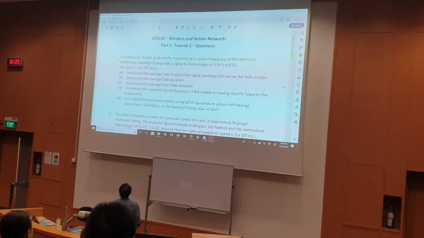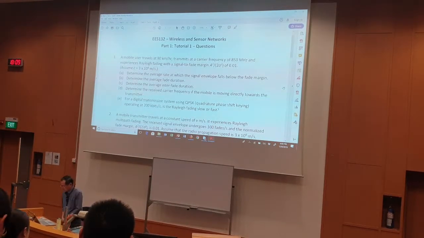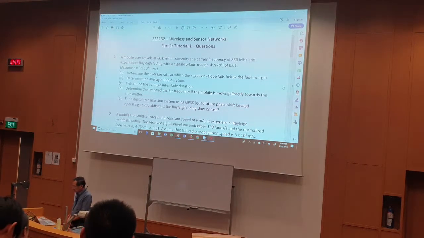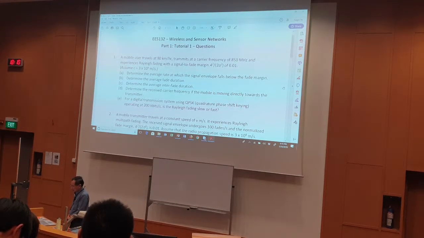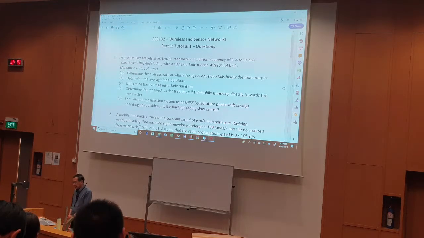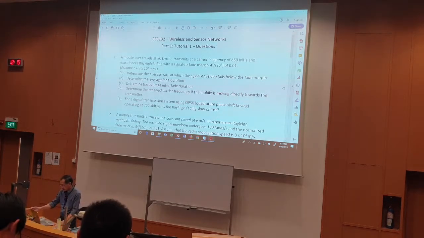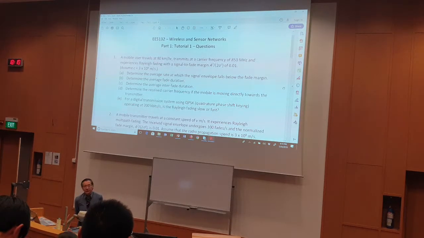Right, so let's see what we have here. Question 1: a mobile user travels at 80 kilometers per hour, transmitting at a carrier frequency of 850 megahertz, and experiences Rayleigh fading with a signal-to-fade margin, a squared over 2 sigma squared, of 0.01.